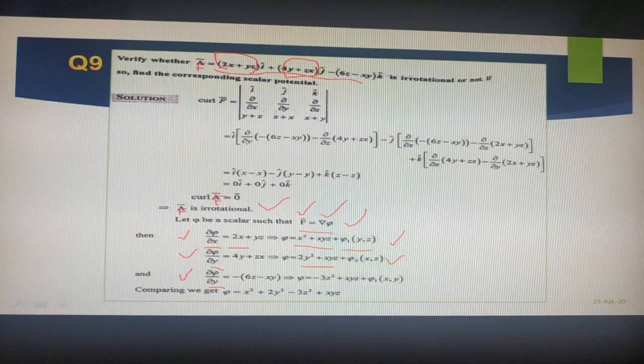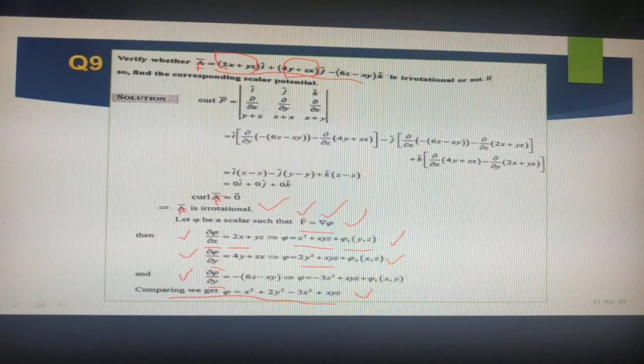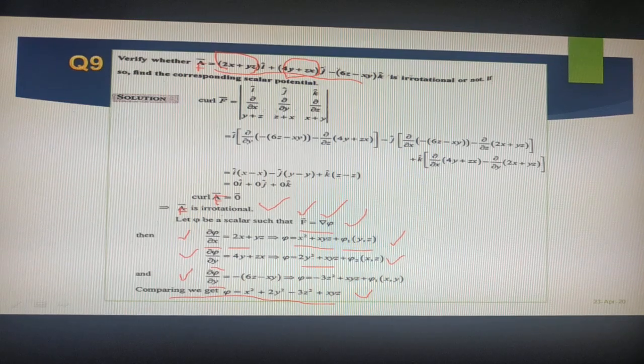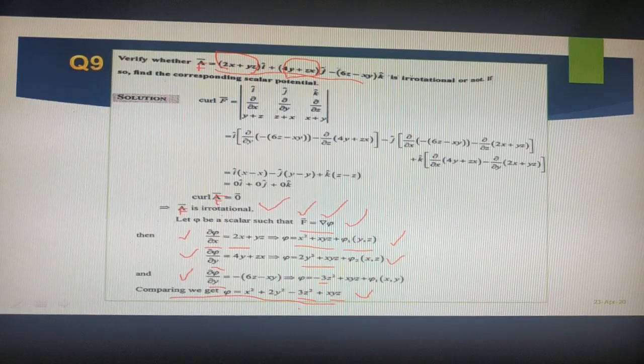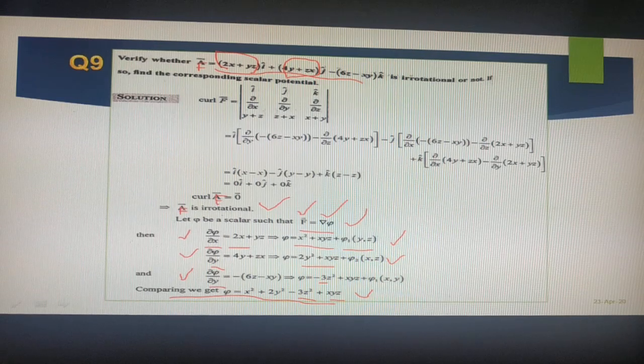So after getting these three functions, while writing your final pi value, we will take all the terms without repetition. So x square I will take one time, 2y square is also one time, xyz is already there here and here, I will take it only one time, and minus 3z square. That is not there anywhere else, so I have to consider that. So this is your answer, right?